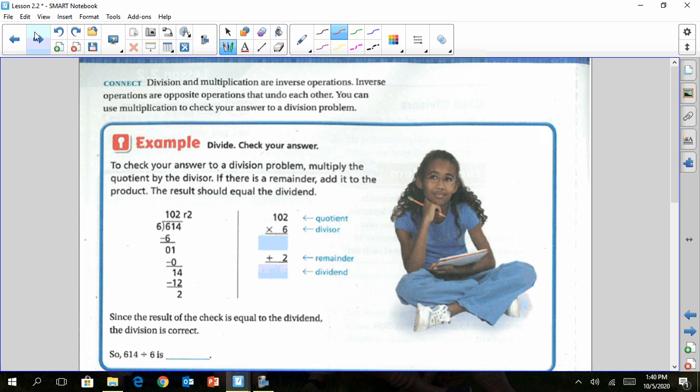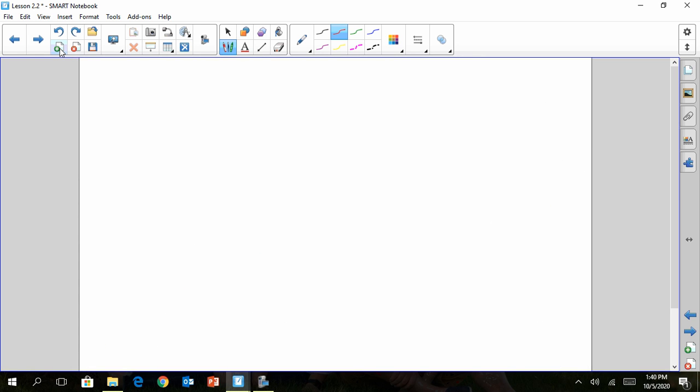On the next page, we want to talk about how you can check once you're done. You can always check division by using multiplication. And it is best that we maybe talk about the parts of a division problem. So within the division problem, we have your divisor that is doing the dividing.